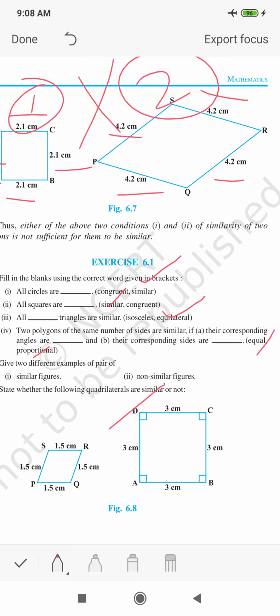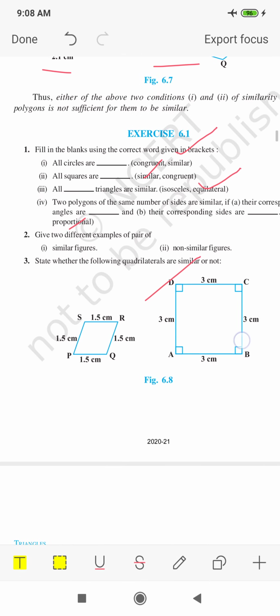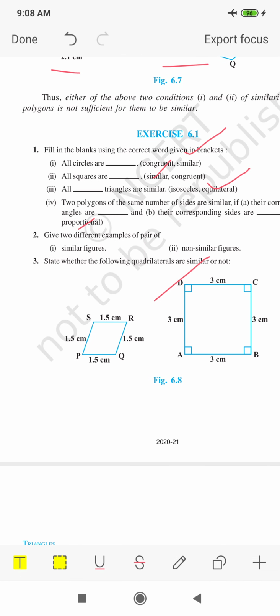Here you have to give two different examples of pairs of similar figures. Which examples can you take? Two circles are similar, two squares are similar, two equilateral triangles are similar. Like this you can give two examples.